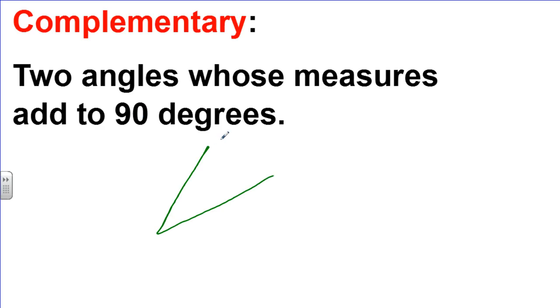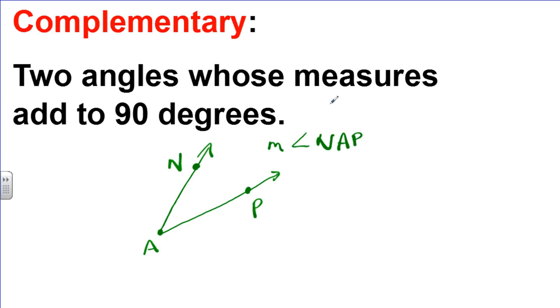So let's pretend that we had angle NAP, which is probably what you guys are thinking about right about now. The measurement of angle NAP was equal to 40 degrees.